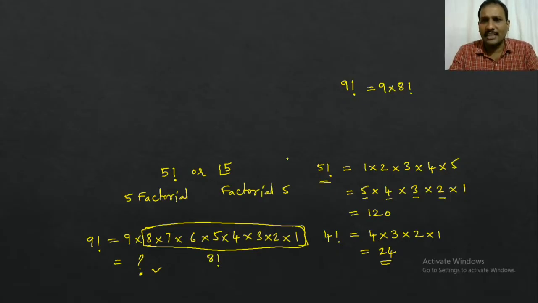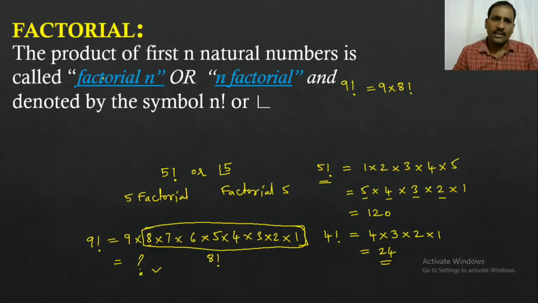So let us see the definition of factorial. The product of first n natural numbers is called factorial n or n factorial, and it is denoted by the symbol n factorial or factorial n.